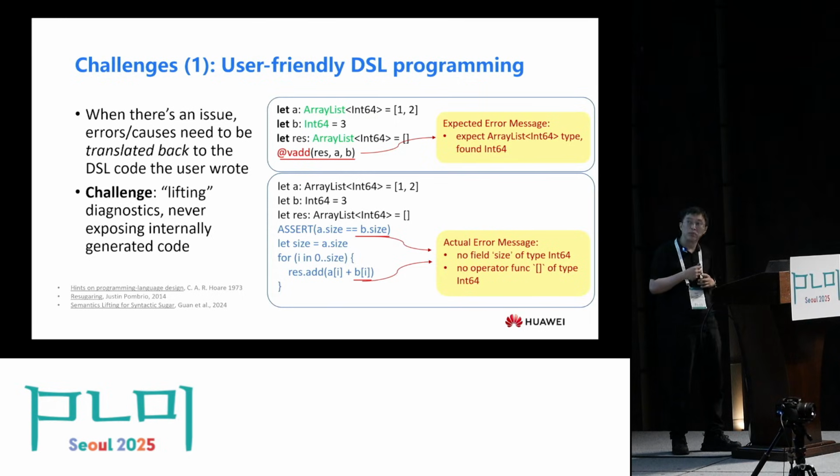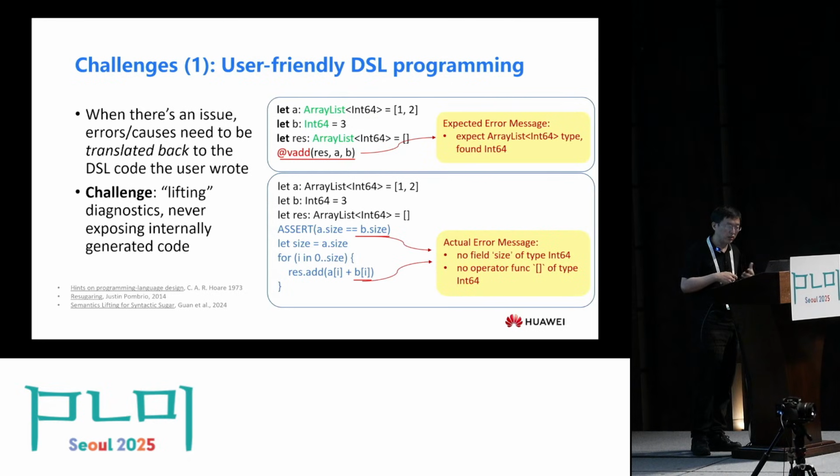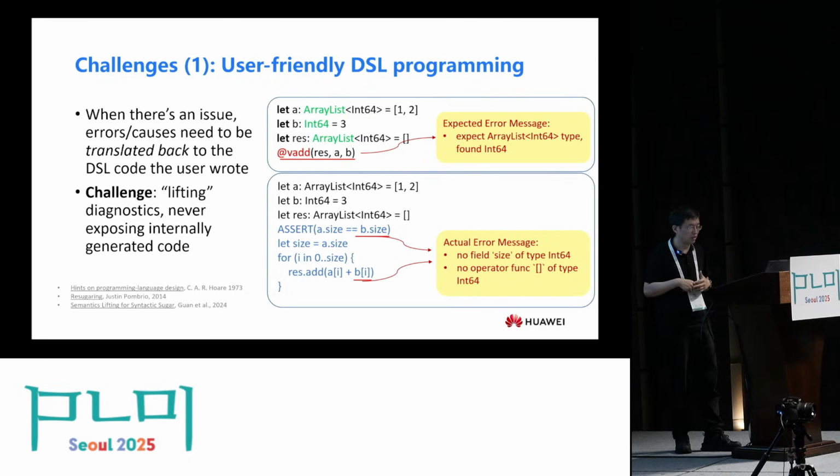So this is a very simple example. The code on the top is trying to do some addition of vectors. So A and B are supposed to be arrays. But here, there's a mistake. B is an integer. So the expected error message should be a complaint about type mismatch.